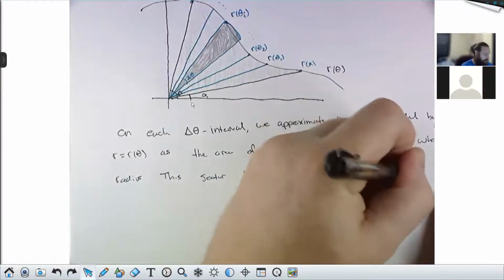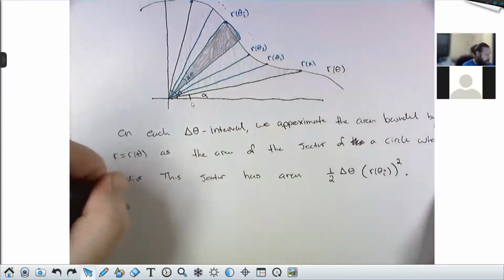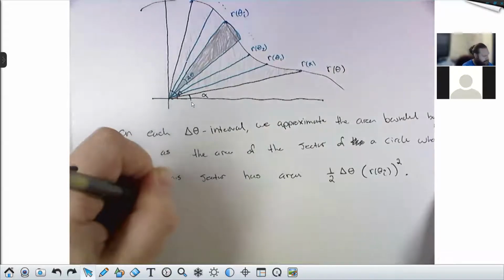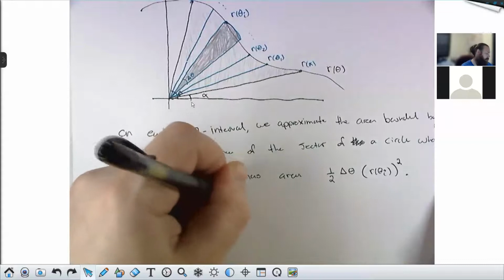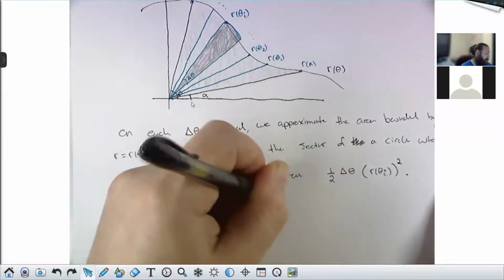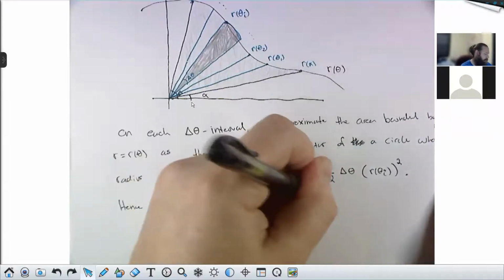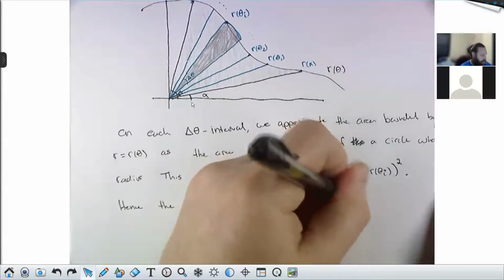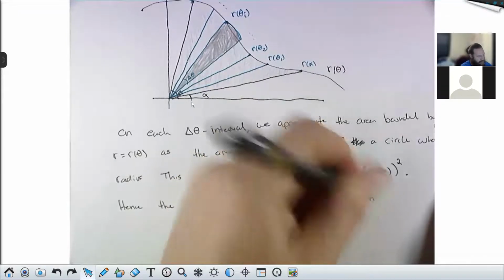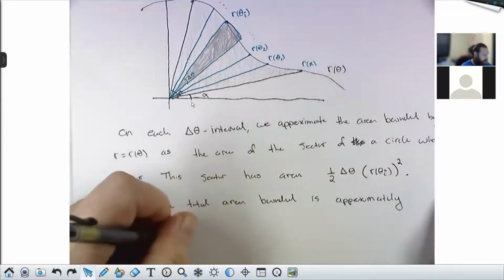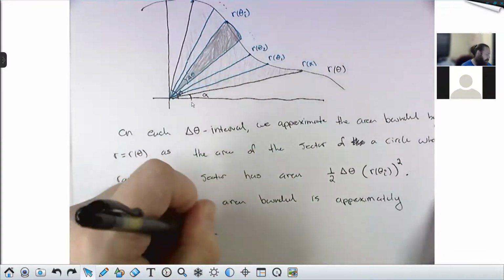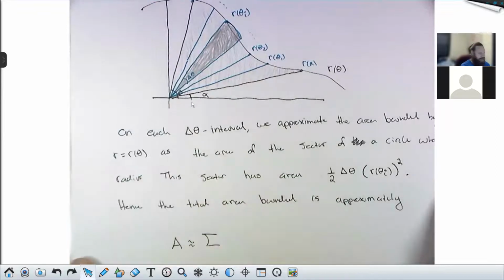Hence, the total area bounded by the curve is approximately the sum of all the little areas.